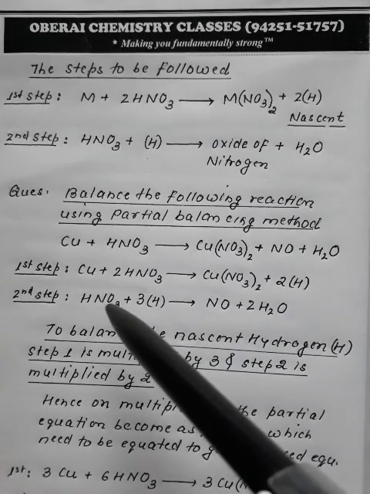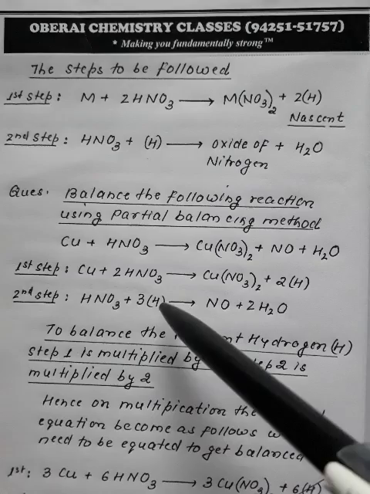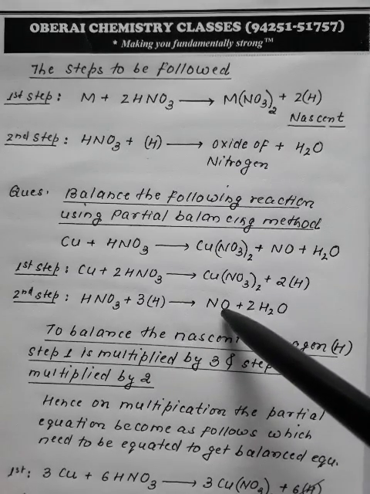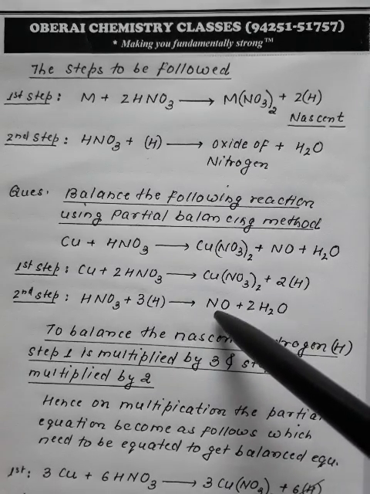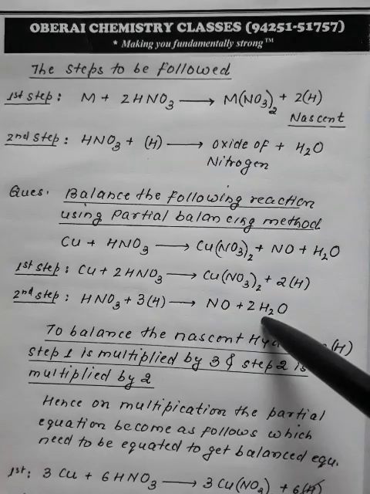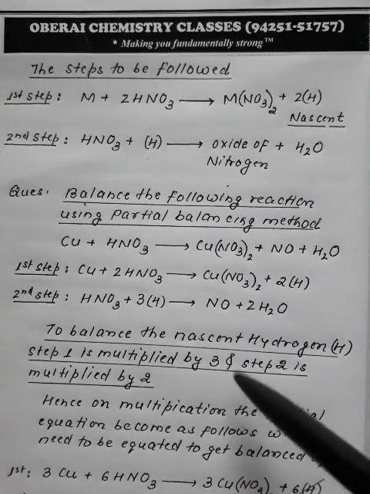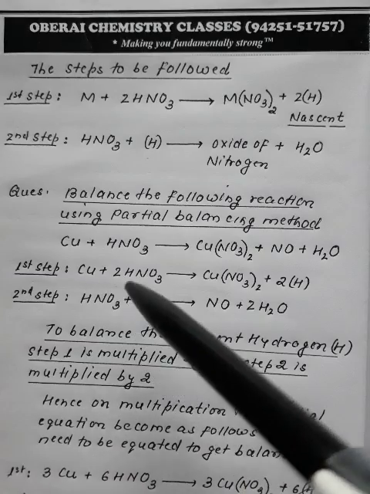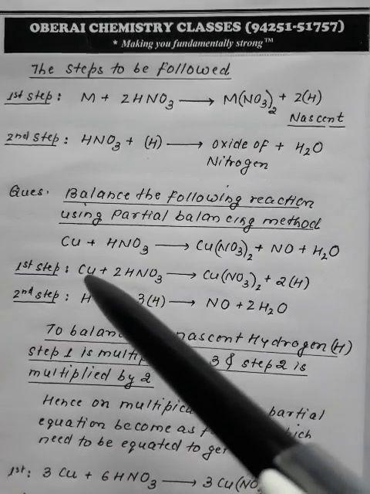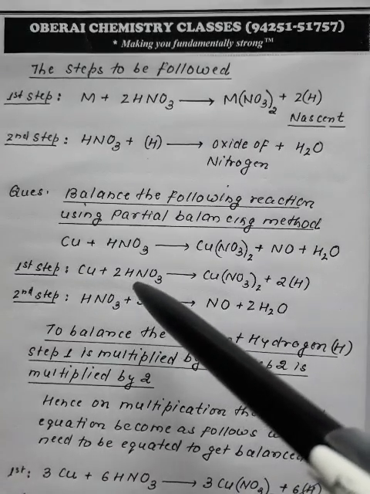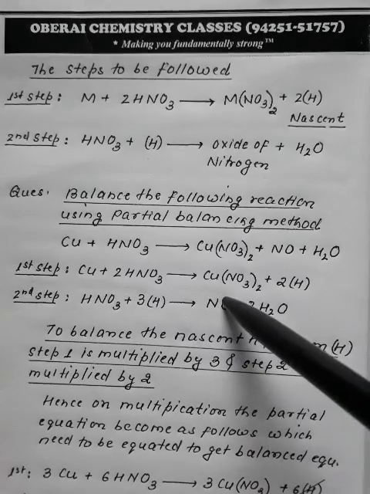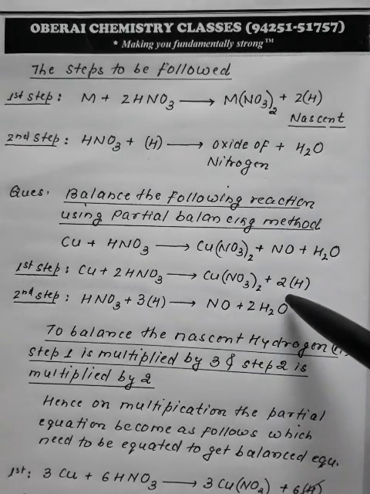Then in the second step, the HNO3 reacts with H to give the other 2 required products, that are nitric oxide and water. Now if I balance the first step, it would be Cu plus 2 HNO3 gives Cu(NO3) whole twice plus 2H.